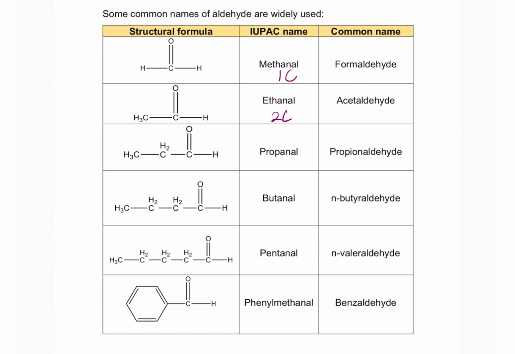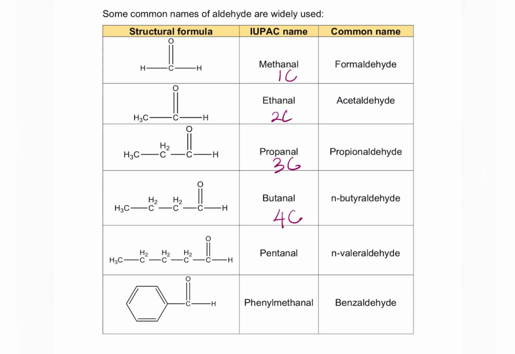Next, you have propanal with 3 carbon atoms, and the name for propanal is propionaldehyde. Next, butanal, 4 carbon atoms, and the other name for butanal is n-butyraldehyde.